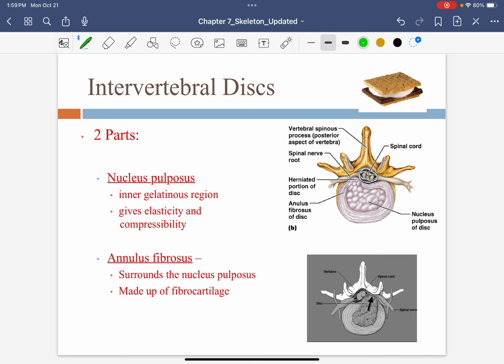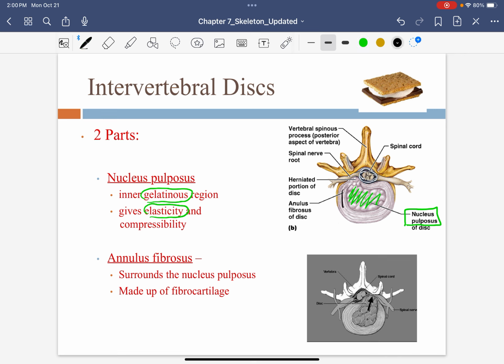Each intervertebral disc has two parts. There's a central part called the nucleus pulposus. Nucleus means center, so it makes sense. Nucleus pulposus is more gelatinous, and it's really for some elasticity. So the center part of each intervertebral disc is the nucleus pulposus.